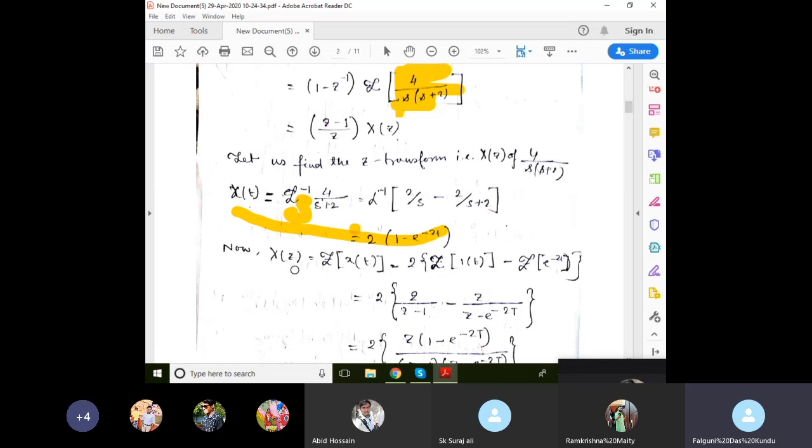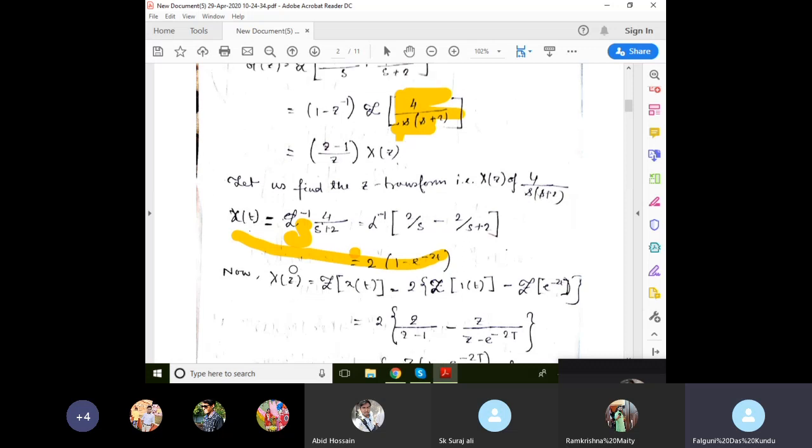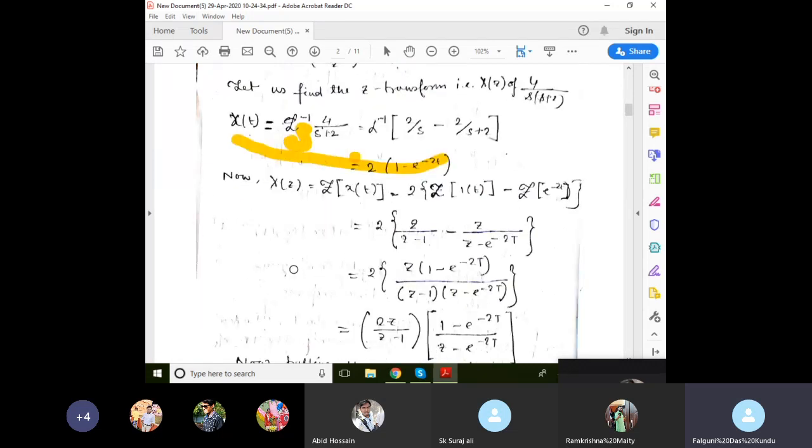Now from this expression we find the z transform, that is X(z). X(z) is the z transform of x(t), that is 2 into the z transform of 1(t) minus the z transform of e to the power minus 2t. As we know, the z transform of the unit step is z by z minus 1, and for e to the power minus 2t it is z by z minus e to the power minus 2T.